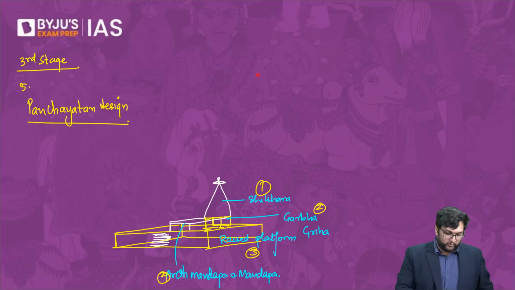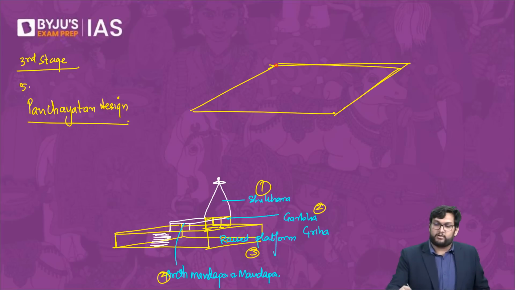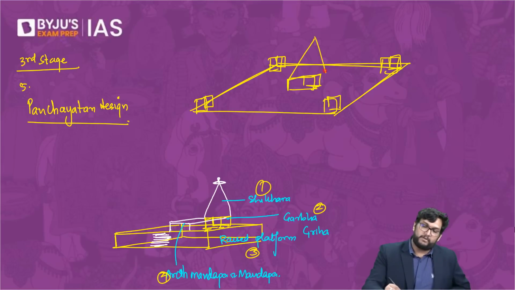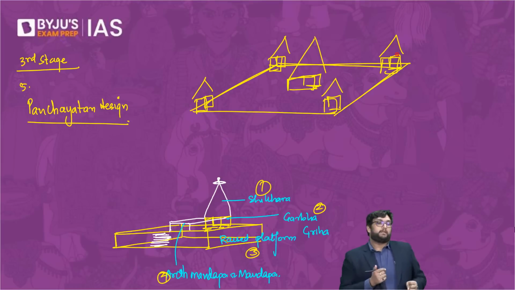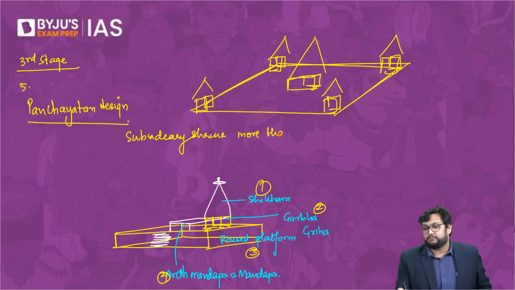If I'm looking at the basic structure of the plan of the temple, I have one god here, but I also have subsidiary gods on the corners. You would have seen it for sure in your life that there would be multiple gods in the same temple complex. Basically, more than one subsidiary shrine means Panchayatan.